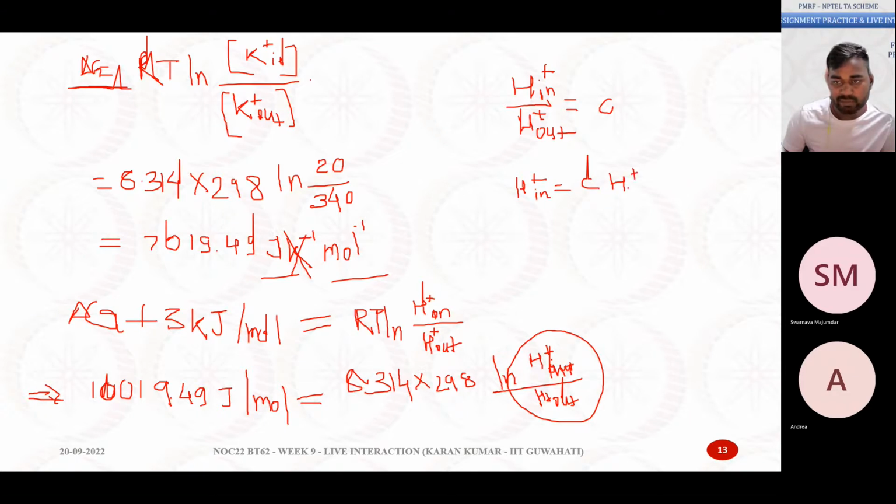Then take the logarithm, because pH is related to log of H plus. Taking log on both sides gives log C plus log H plus out.